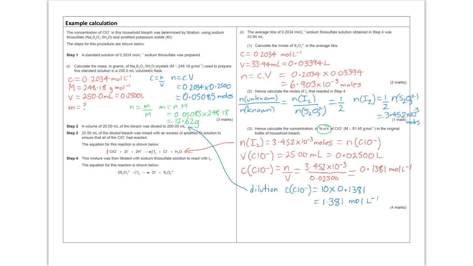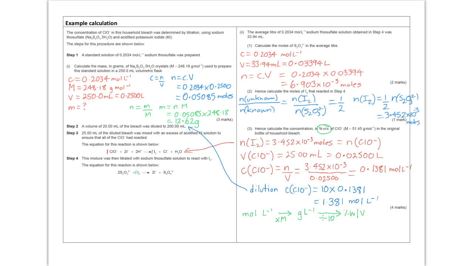If you look at the notes from the first volumetric video, the first thing we need to do, if we want to take moles per litre to grams per litre, is times by the molar mass, and then if we want to convert that into percentage weight volume, we need to divide that by 10.